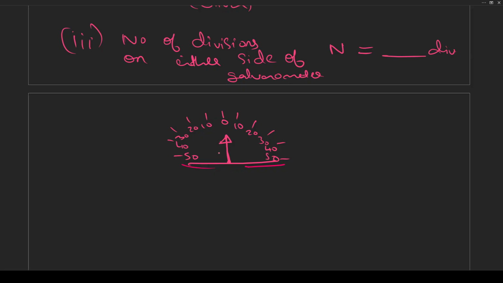In this galvanometer case, the n value is equal to 50. It depends on the specific galvanometer.